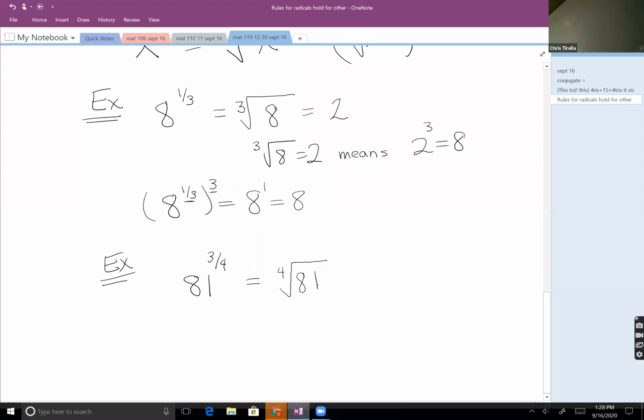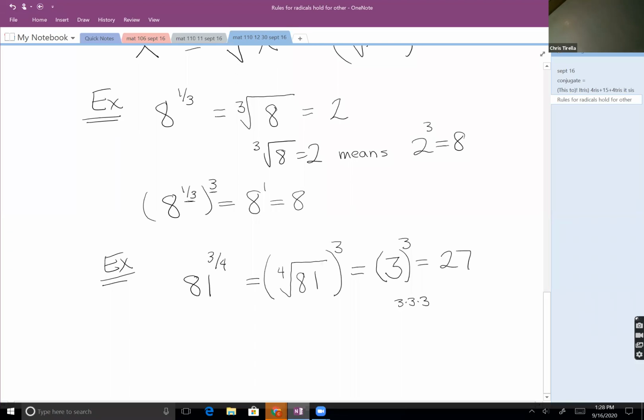The numerator is 3, so after the fact, I'm going to cube that. So inside parentheses, what number to the 4th power gives me 81? I think we've used that as an example a couple times today. 3. That's 3. And 3 to the 3rd would be 3 times 3 times 3, which is 27.